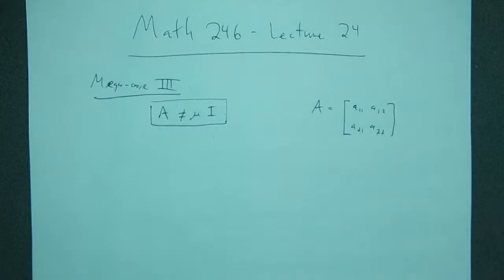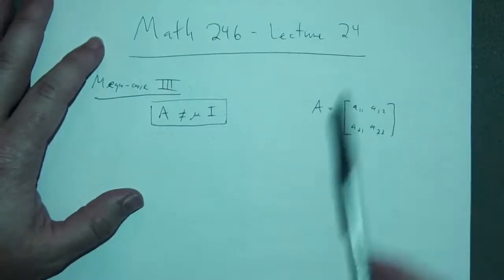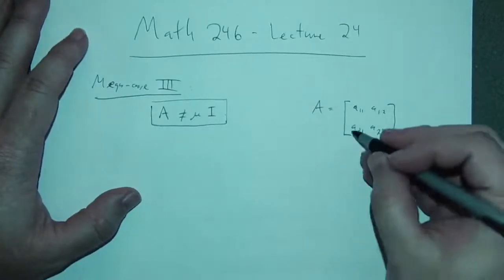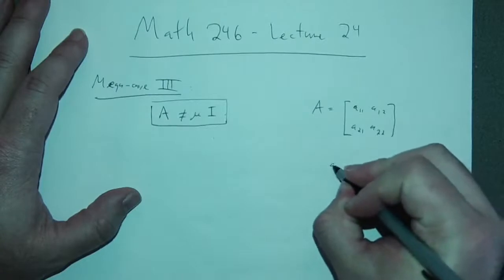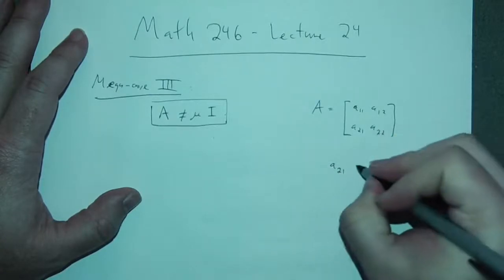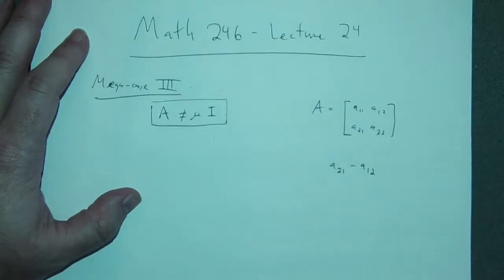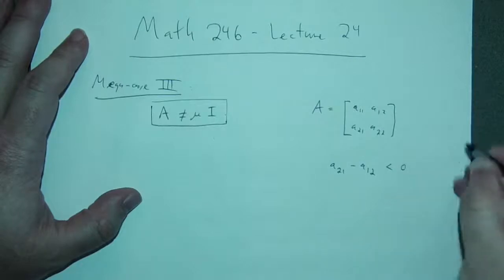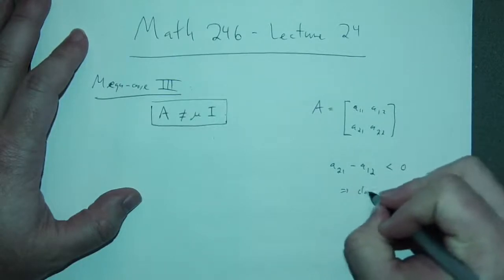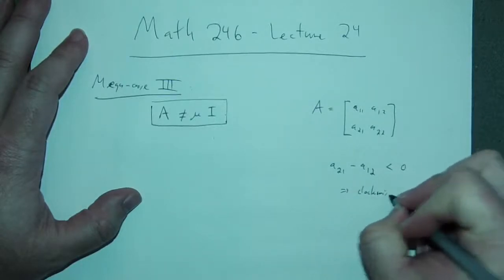So on account of this, our cases are going to break up in the following way. A21 minus A12, if that is less than 0, this implies clockwise motion.